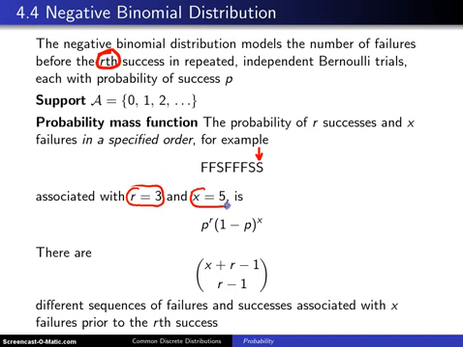And notice in addition, in this particular string, we had 5 failures, 1, 2, 3, 4, 5, before we got our third success. In general, that will be p to the r, and that's the probability of the r successes, and then (1 minus p) to the x, that right there is the probability of the x failures that occurred before that rth success. But we aren't looking for them in a specific order, so we need one more term.